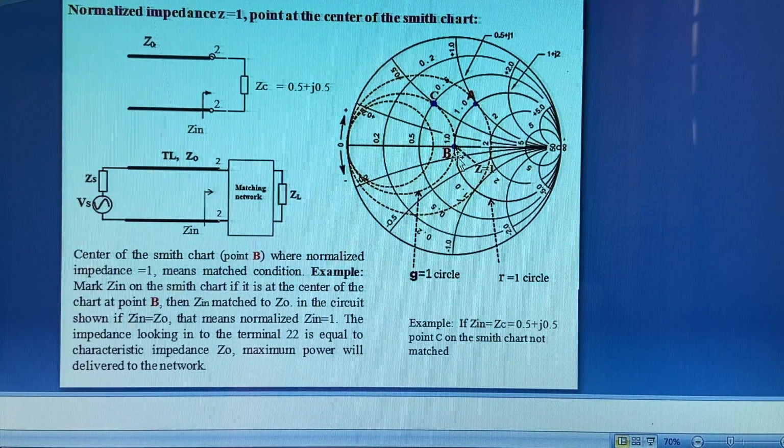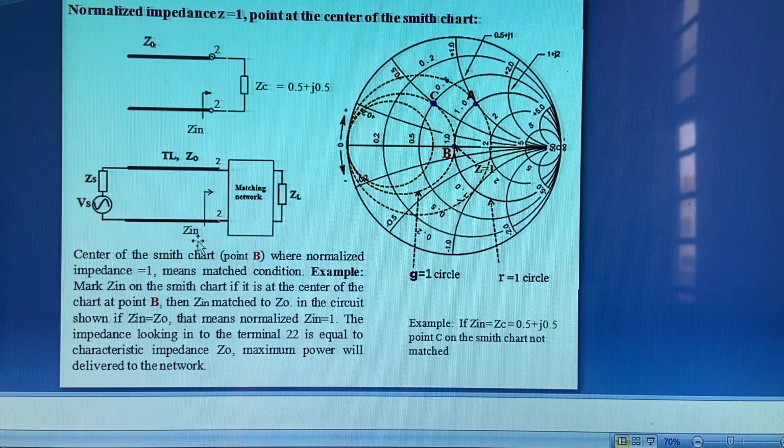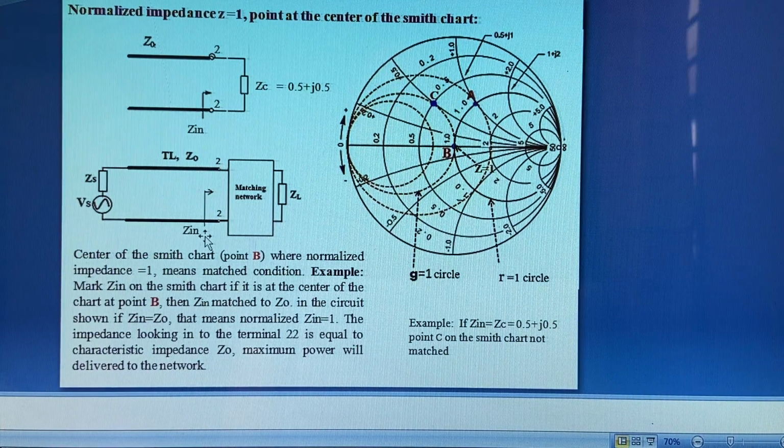If you take any impedance, for example in this network, Zin is the impedance looking into the terminal 2 2. If you mark this Zin on the Smith chart, take a normalized value of this and mark it on the Smith chart. If it coincides at the point B, that is here, then there is no reflection from the point 2 2, because then Zin normalized equal to 1 means looking into this terminal, the impedance is equal to Z0.